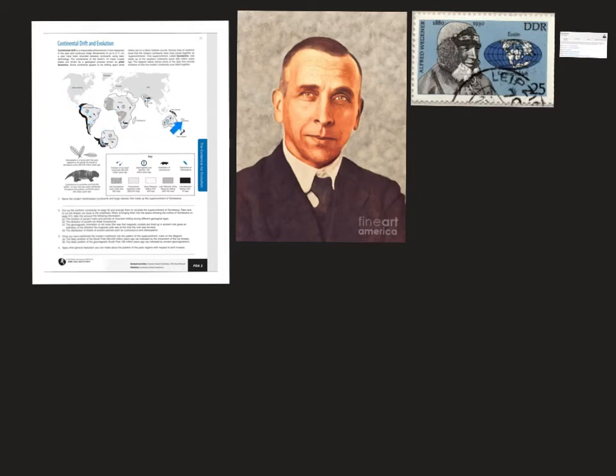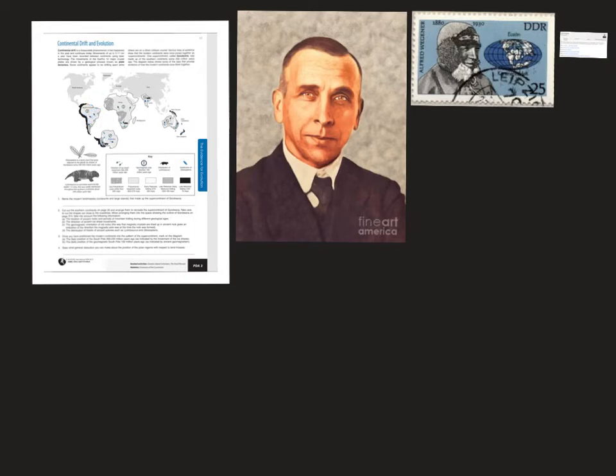That all these pieces of the world fit together like a jigsaw puzzle. And being an educated man, he also knew it wasn't just this outline, but that the various levels near the coast, underneath the oceans, also matched.